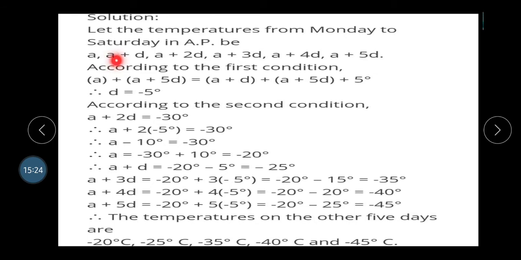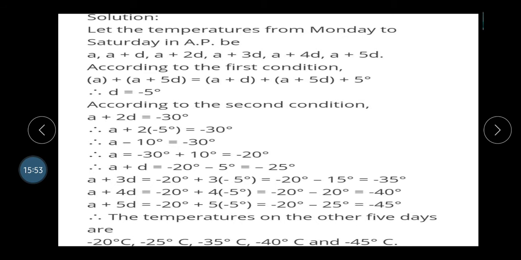So Tuesday is A plus D and Saturday is A plus 5D. So A plus 5D is equal to A plus D plus A plus 5D, increasing by 5, that is plus 5 degrees.